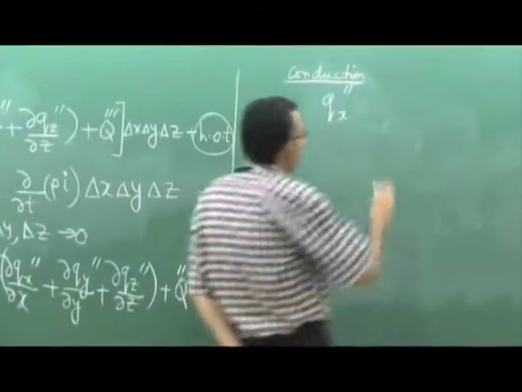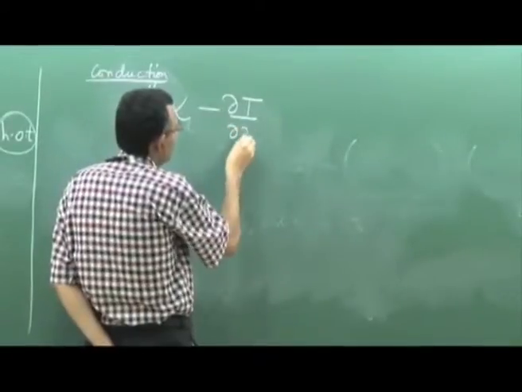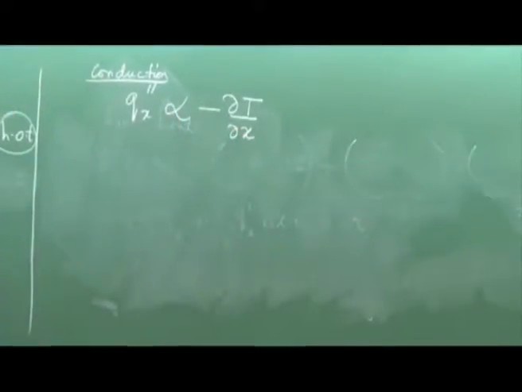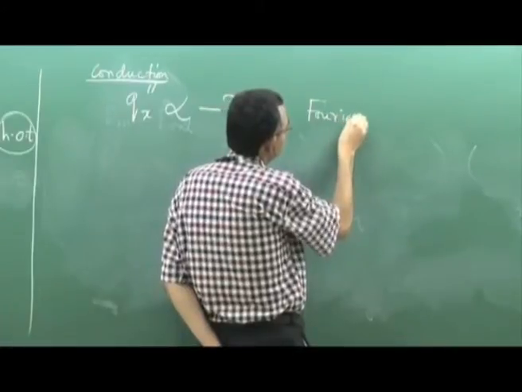So heat flux along x is proportional to the negative of the temperature gradient along x. This is nothing but Fourier's law of heat conduction.